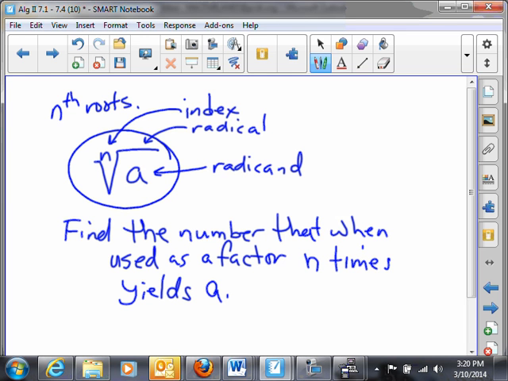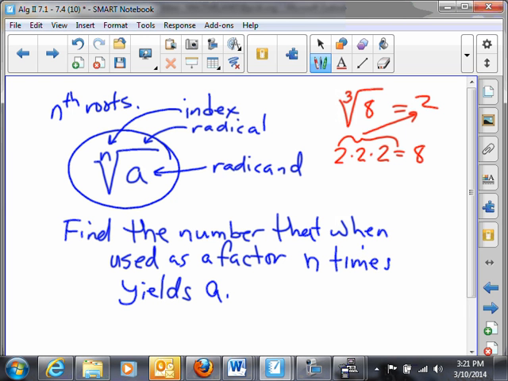Let's see if I can make this a little bit clearer by giving you an example. The cube root of 8, for example, means to find the number that when used as a factor 3 times gives you 8. Well, since 2 times 2 times 2 is 8, 2 would be the cube root of 8, because when you use 2 as a factor 3 times, you get 8.